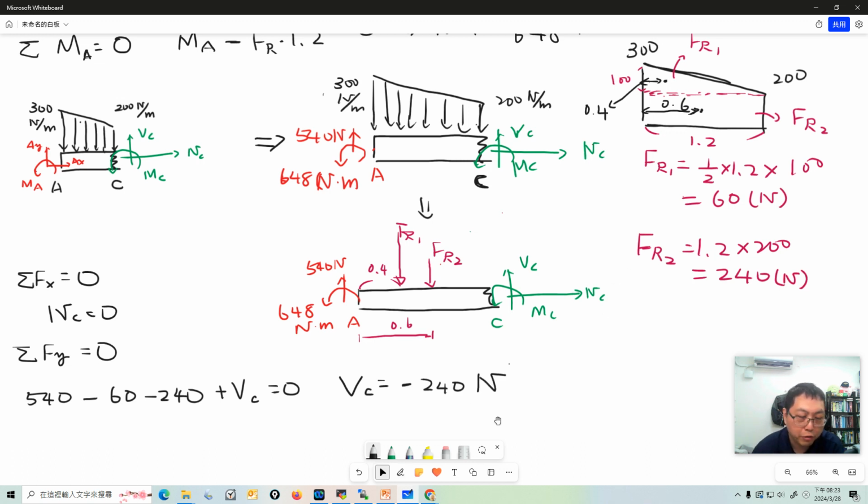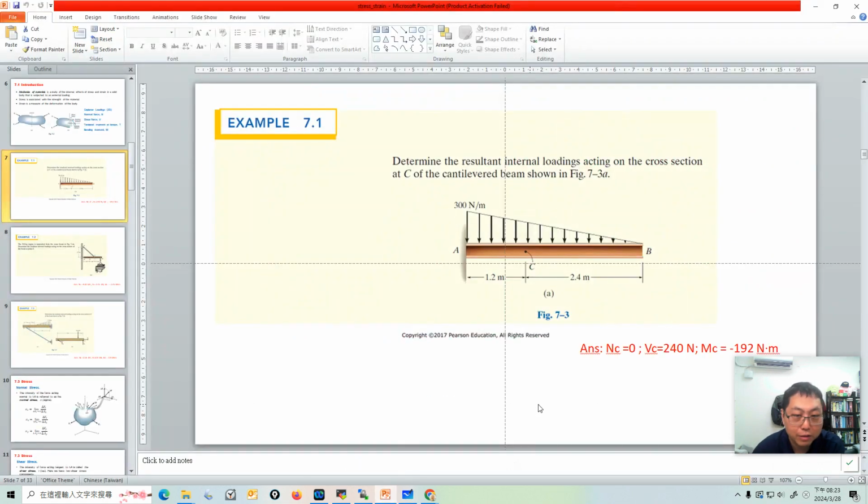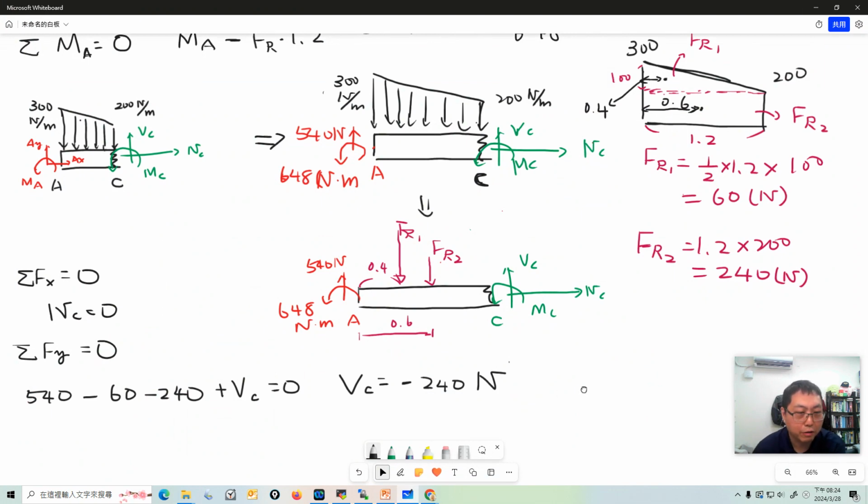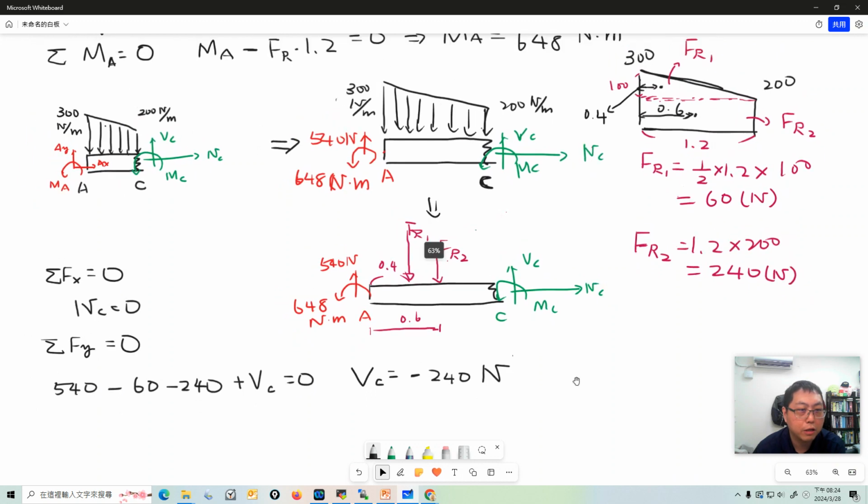I think you will feel it, because in the previous video we kept using the CB section, and the shear force at the C section was positive 200 and 240, but now we get minus 240. Why? I'll explain this later. It doesn't mean you calculated wrong.